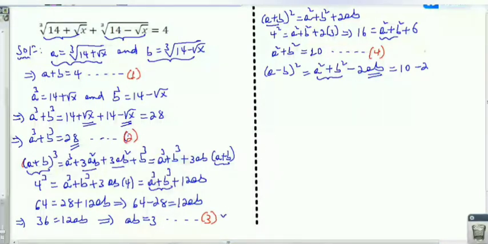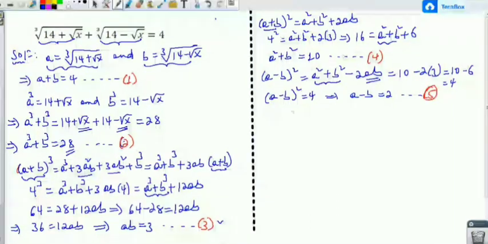Therefore this becomes 10 minus 6, which is 4. So a minus b the whole square is 4, which implies a minus b is 2. Call this equation number 5.